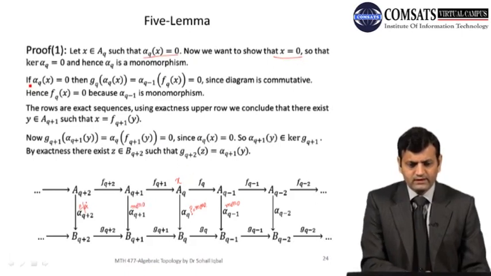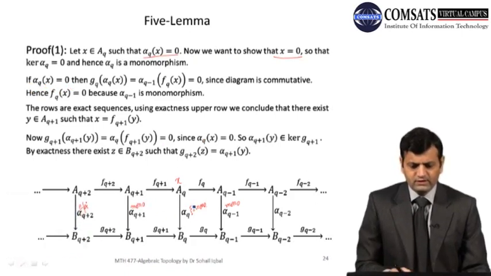Now if alpha q of x is 0, consider this part of the diagram. If I take this path or this path, then I should get the same answer. When I apply alpha q and then g q, following this path, or if I apply f q and then alpha q minus 1, following this path, the answer should be the same.